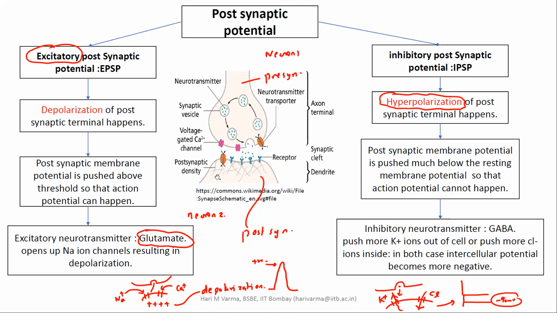So essentially in both cases, a depolarization of the next neuron will happen so that an action potential will be created here. That is why it is called excitatory.